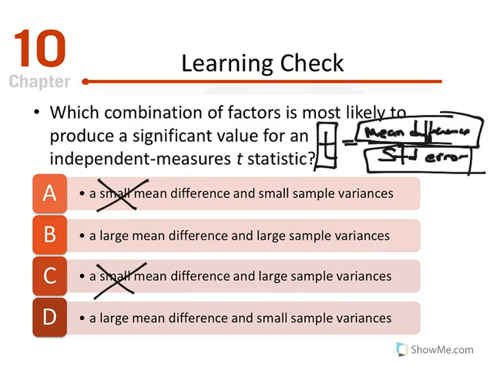Given the other two options, this one says large sample variances and this says small sample variances, and we would conclude that small is ideal because large is not. Variance and standard deviation reflect the variability within that distribution.